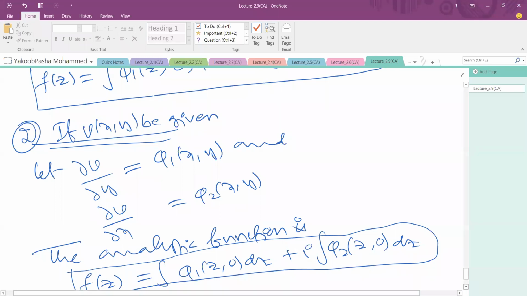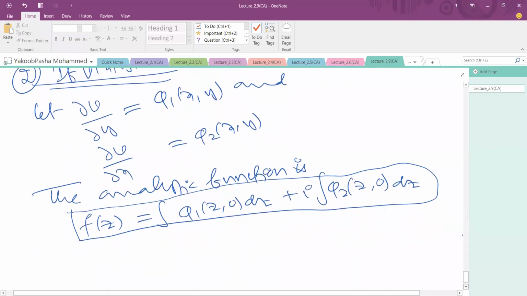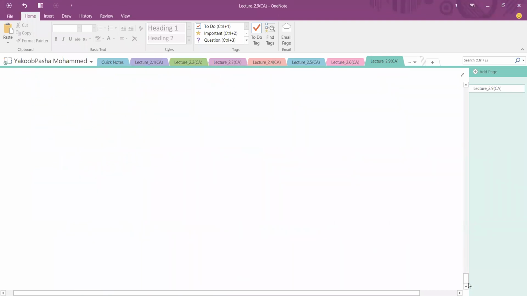One problem I'm taking from set problem.